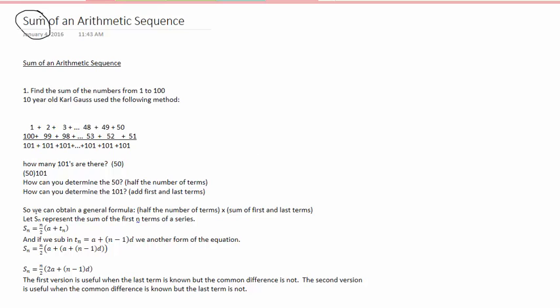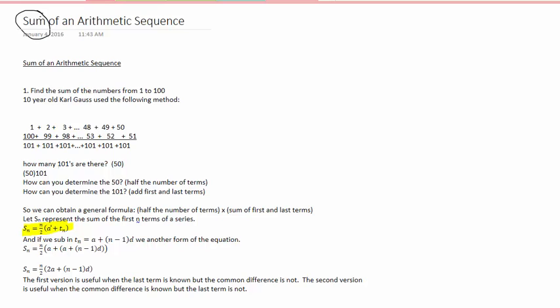So let's look at this here, because I'll highlight it. Our first formula we're going to deal with, that S at n means the sum of the number of terms. We can obtain a general formula by taking half the number of terms, so that's where the n divided by 2 is. If we were looking for the 100 terms, we divide by 2. And then the sum of the first and last terms.